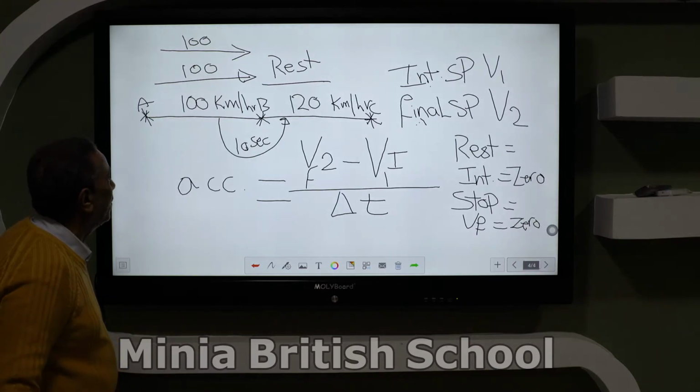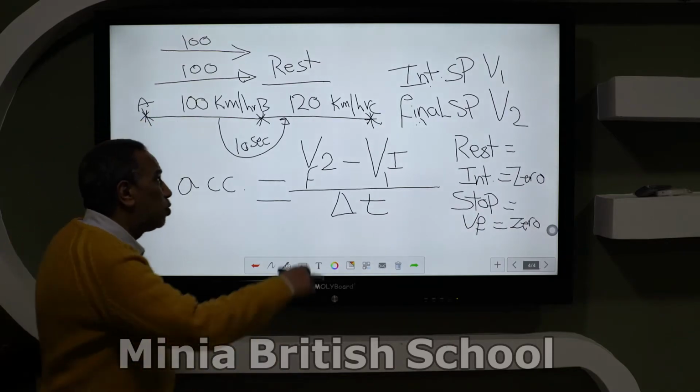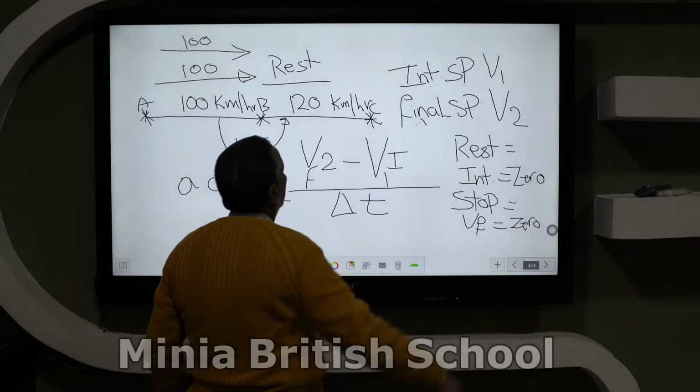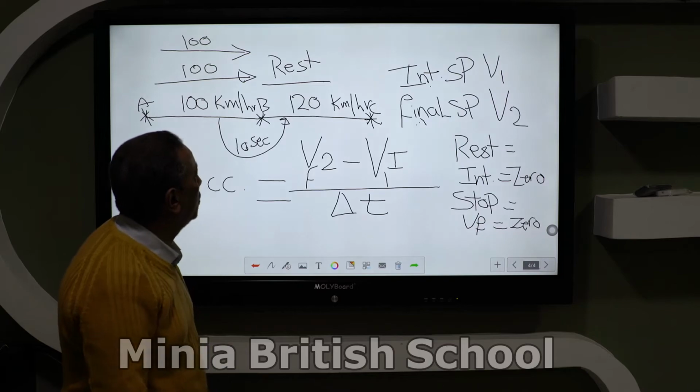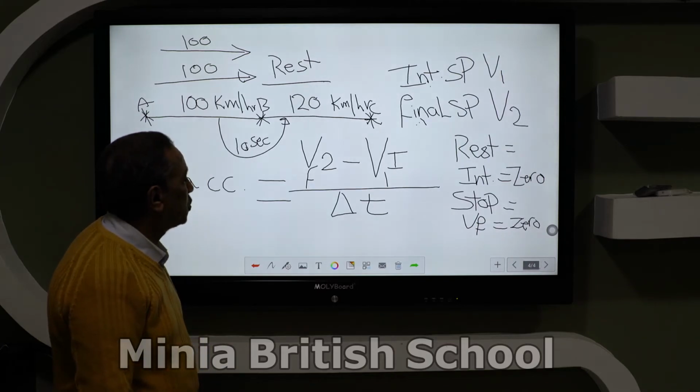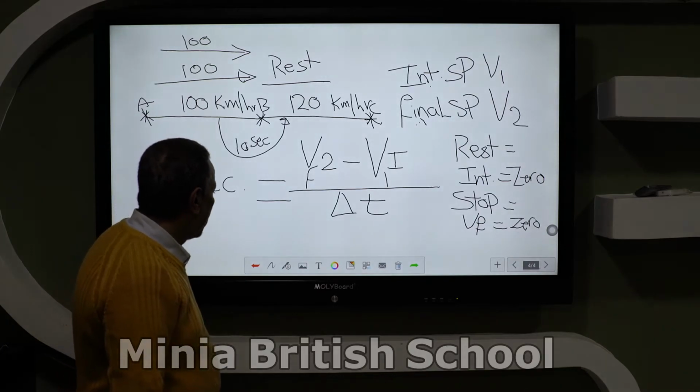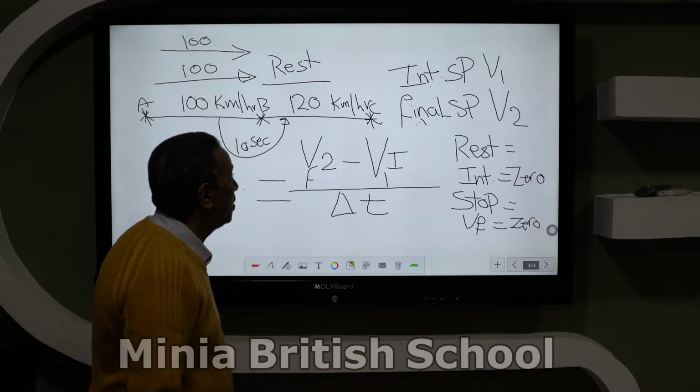To determine whether the acceleration is uniform or non-uniform, I have to make a third period.